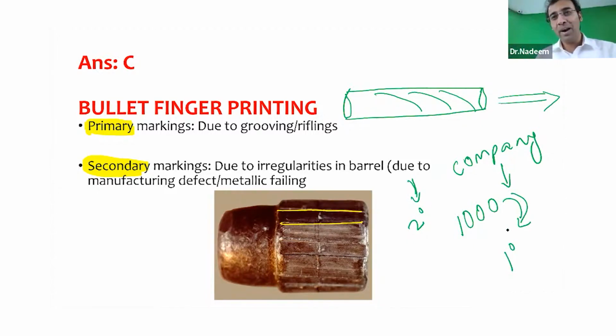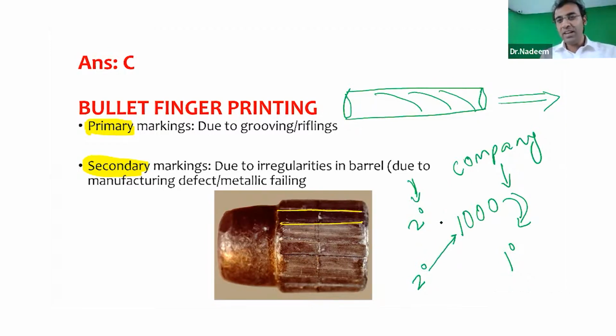But every gun has some minute defects inside because of manufacturing defects and irregularities in the barrel, and those markings are specific to every gun. Those markings are called secondary markings. Secondary markings will be different in all 1,000 guns.